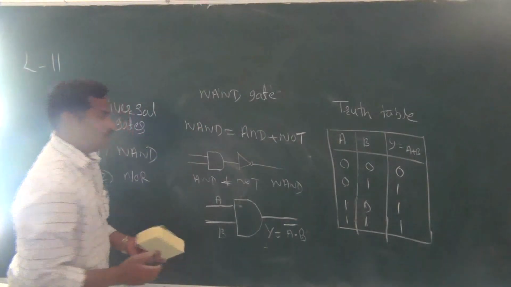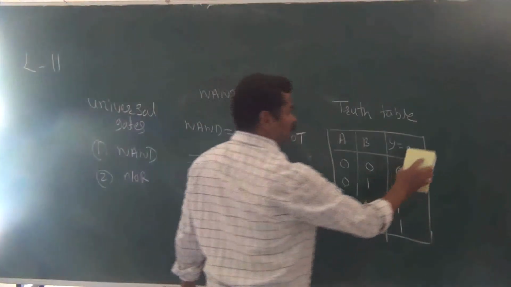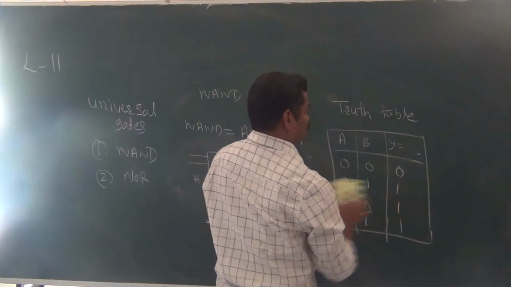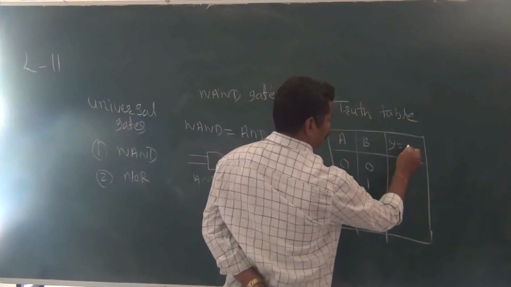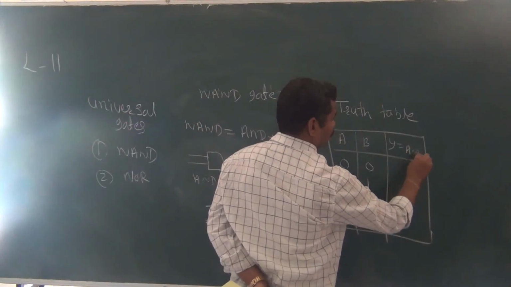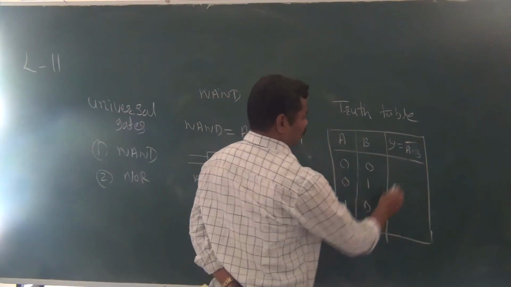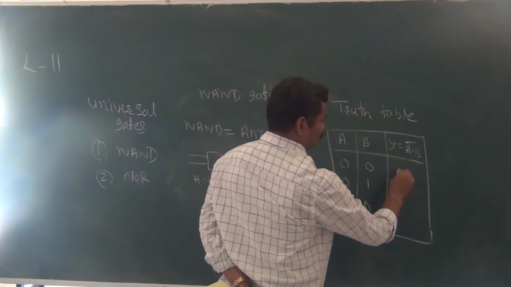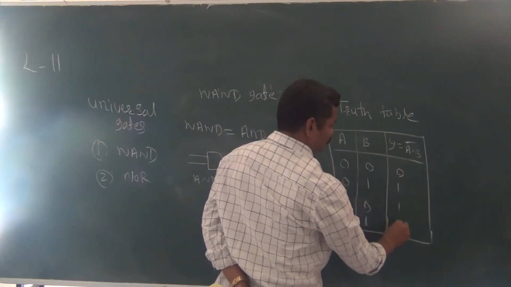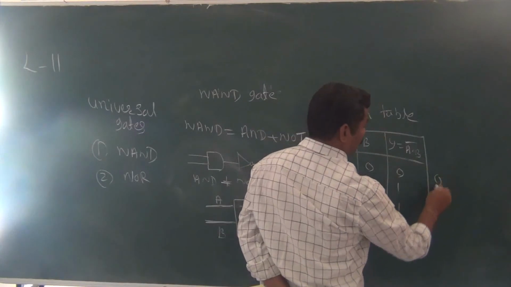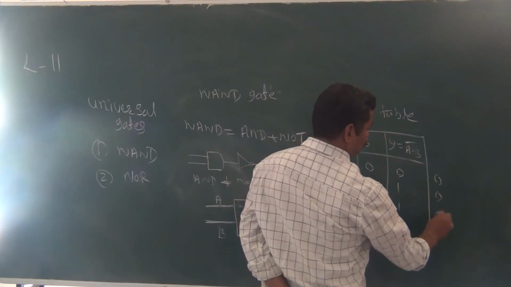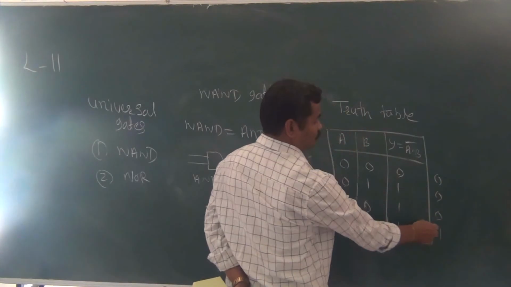Consider the NAND gate here. This is nothing but (A dot B) bar. You can write here the output 1, 1, 1, 0. As you remember, for the AND gate the output is 0, 0, 0, 1. Make it the complement of this.